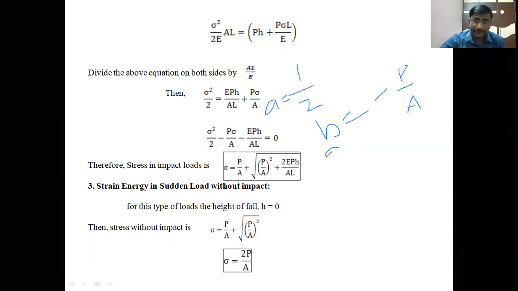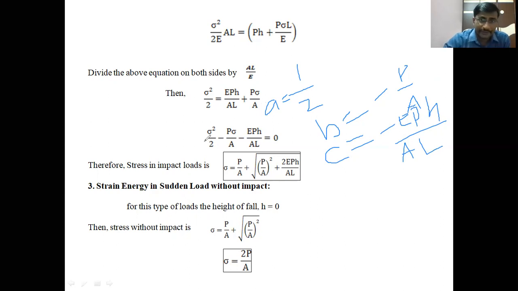In place of C, what is there? C equals minus EPH by AL. So these are the ABC values in the equation AX square plus BX plus C.